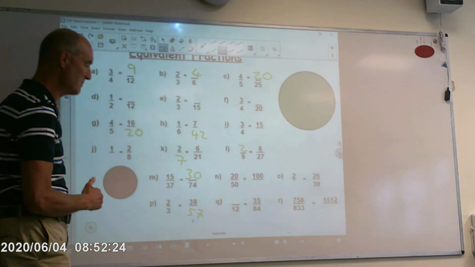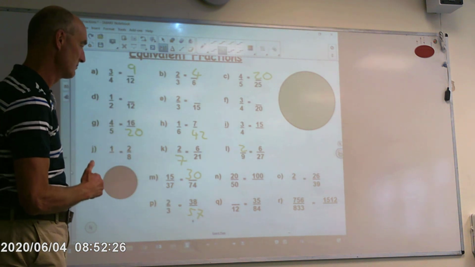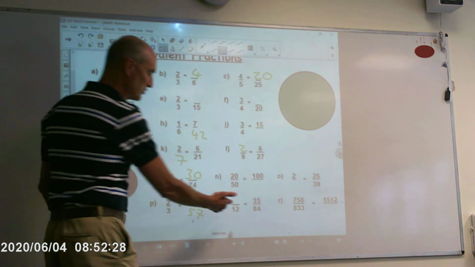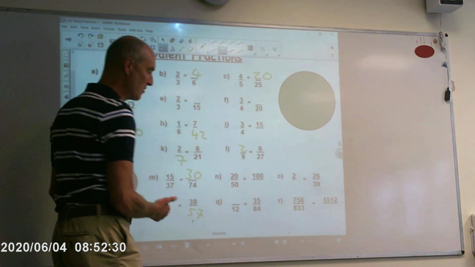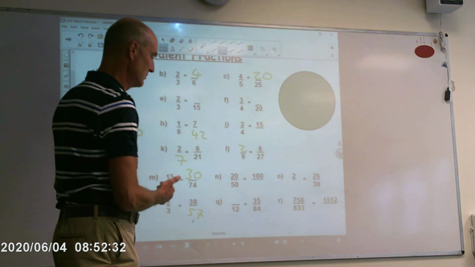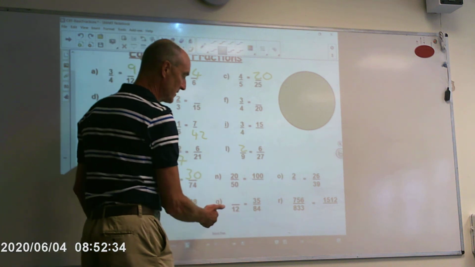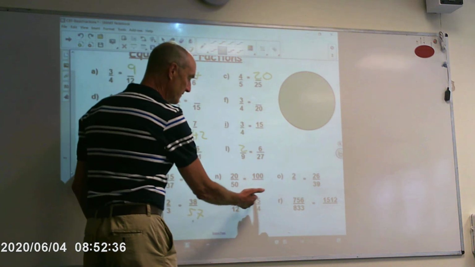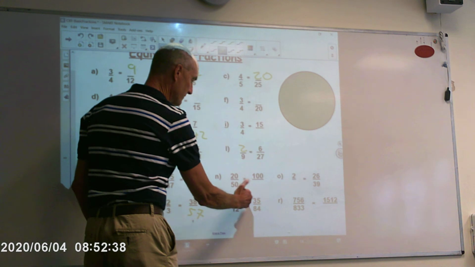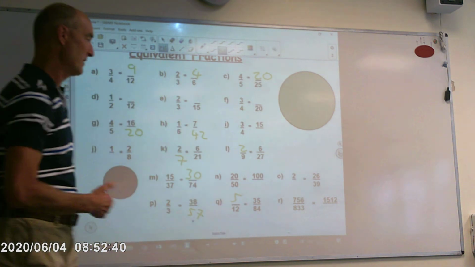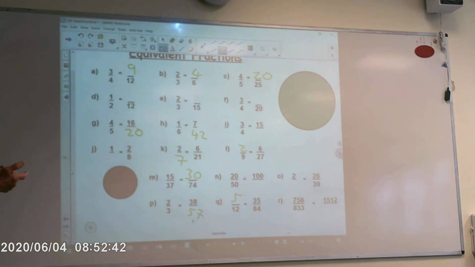Just slightly more difficult numbers. 12 multiplied by what gives me 84? 12 multiplied by 7 gives me 84. 35 divided by 7 will give me 5 on top. So hopefully you can see the process that makes those calculations work.